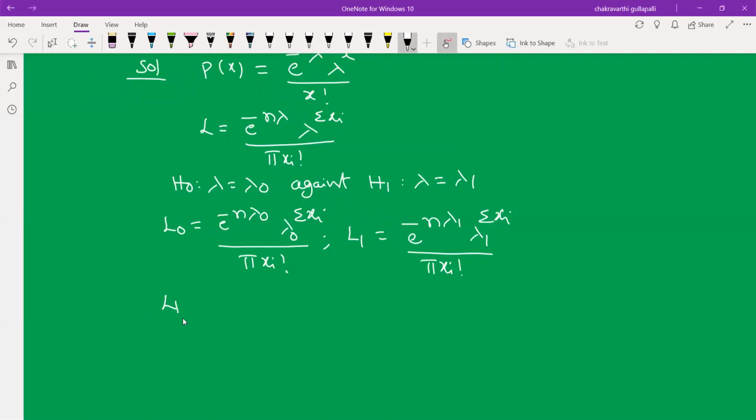Now we consider the NP lemma ratio: L1 by L0 is greater than K. This is W; you should consider this one.